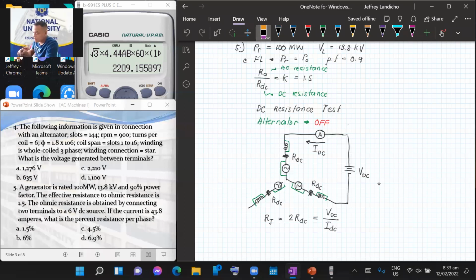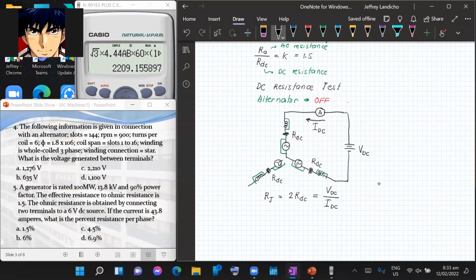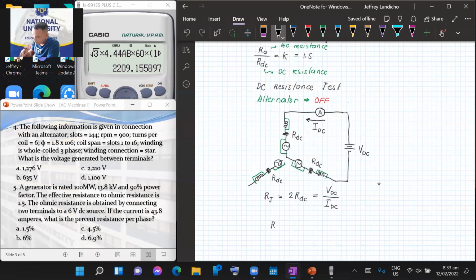So makukuha natin ngayon yung equivalent DC resistance per phase ng ating alternator. So lumalabas your RDC should be equal to 1/2 of VDC over IDC, if the alternator is connected in Y.